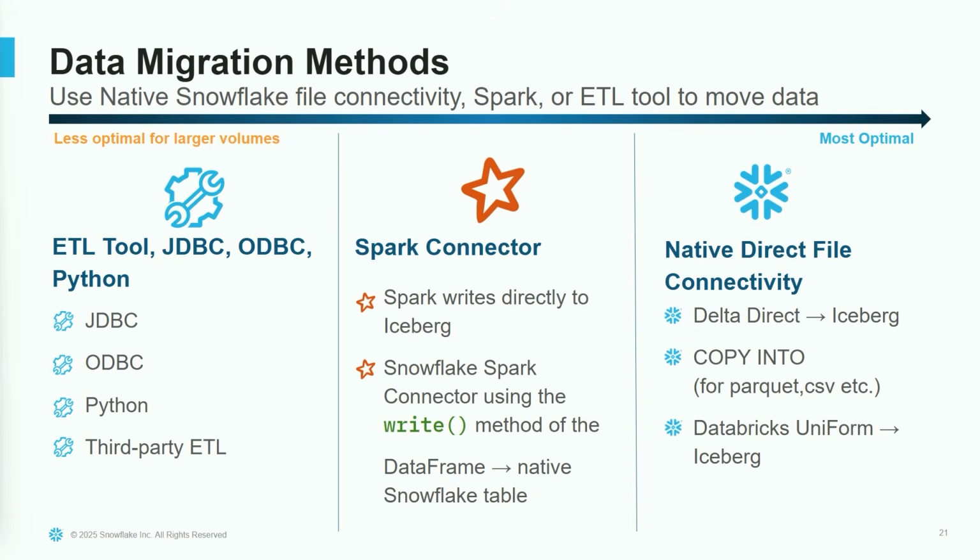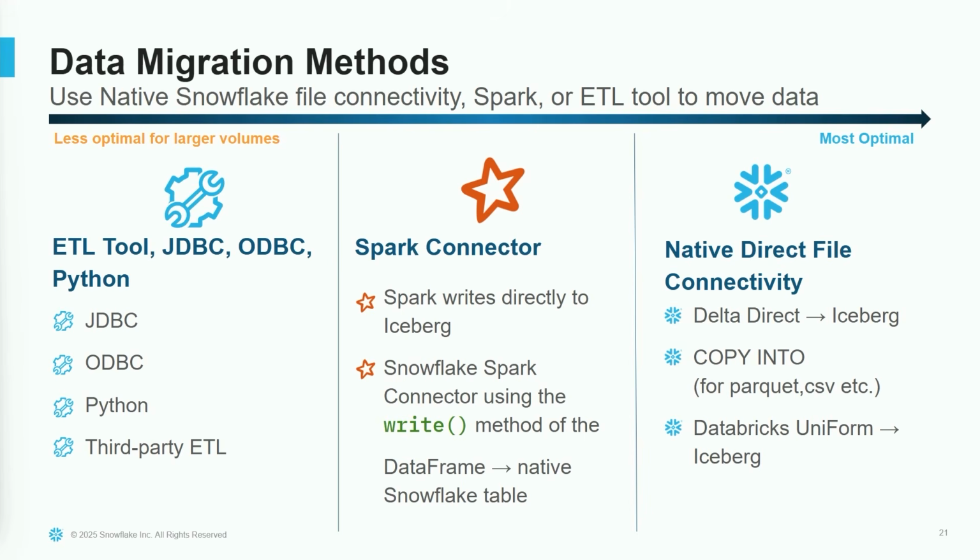We would like to talk about the optimal strategies if you have different volumes of data and what might be the best approach for you. These are based on our customer experiences and the migrations we have done. Over to the left, we have tools like JDBC, ODBC, Python, and third-party ETLs, and they're great, but they have their own limitations. As an example, JDBC is limited to Java.